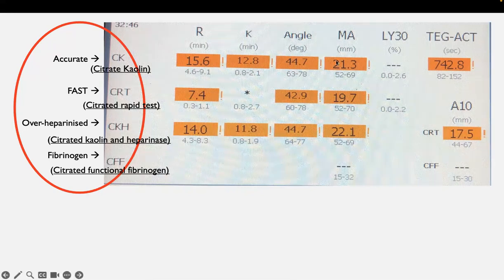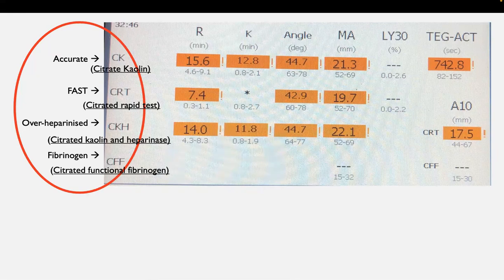And the maximum amplitude? Okay, maximum amplitude is basically about the strength of the clot. So here it is reduced, 21.3. So it means we don't have enough platelets to be able to form the clot. Good. So we'll give platelets to this patient.